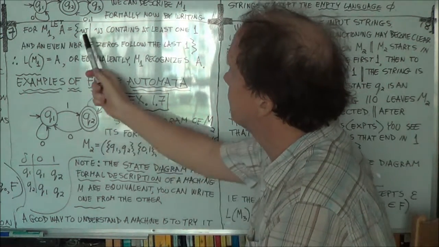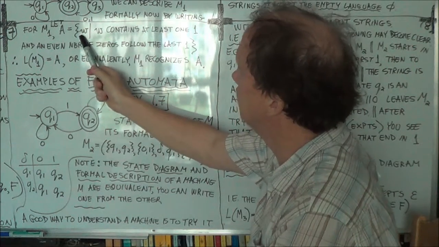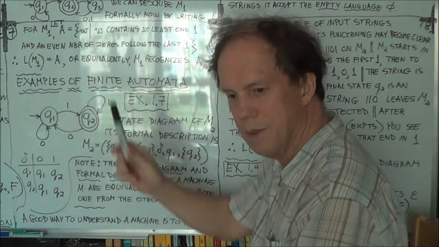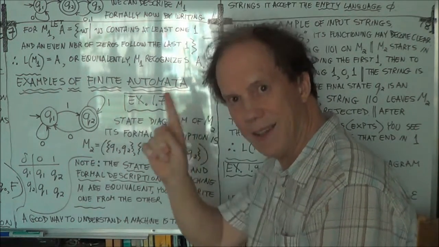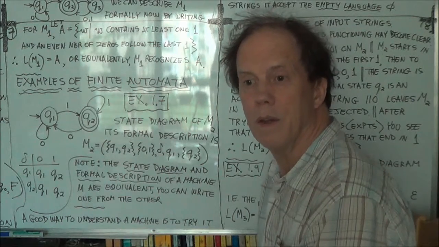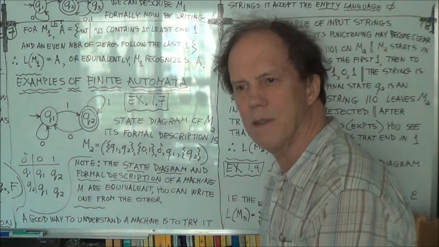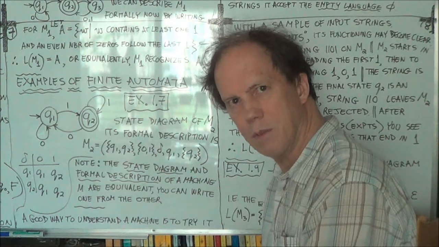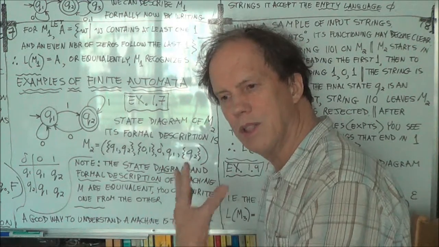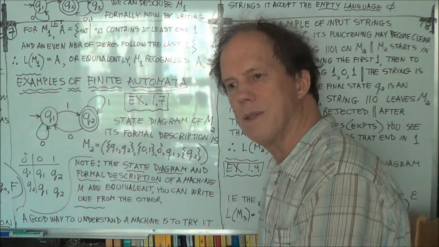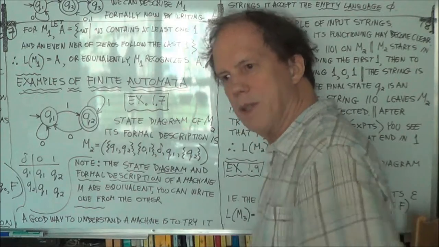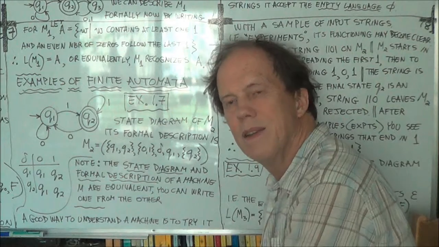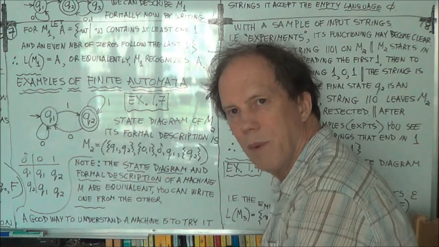So here are your input strings W, such that, and now here's a description of the properties that the input string has to have to be accepted. In other words, it's a description of the job, the function of your automaton. What's the automaton doing? What language does the automaton recognize? What properties do the strings of that language, the members of that set, have to have?